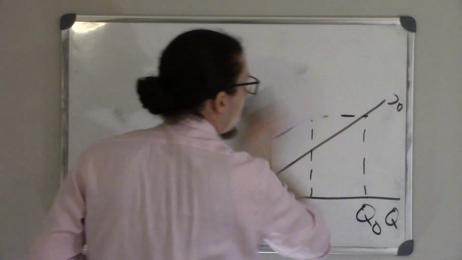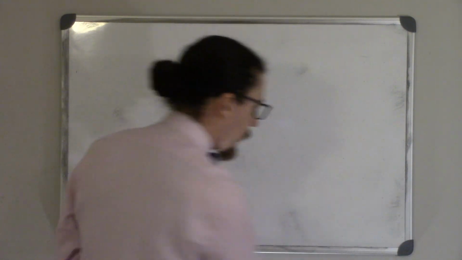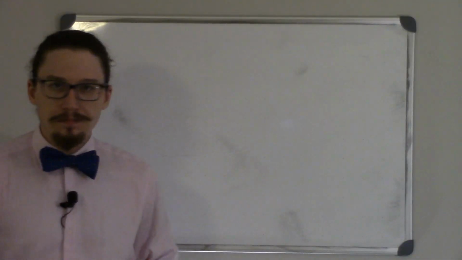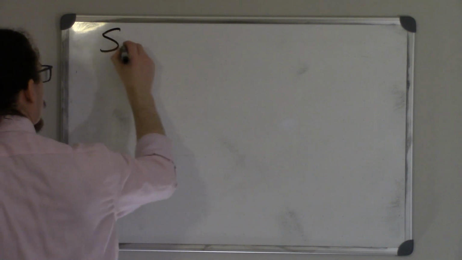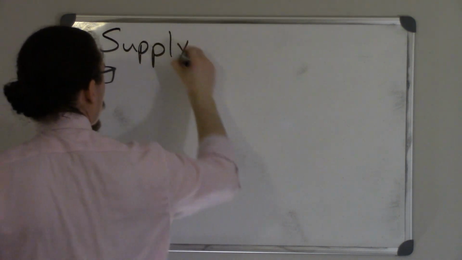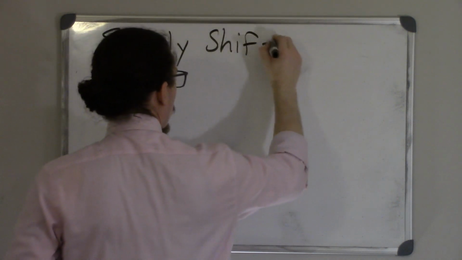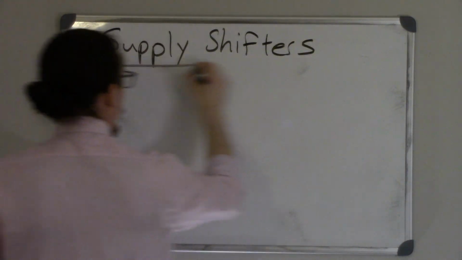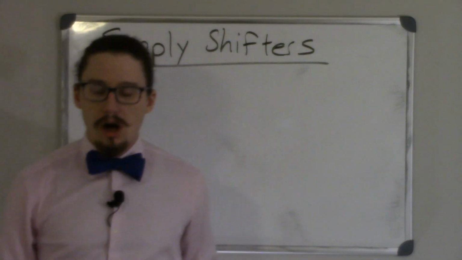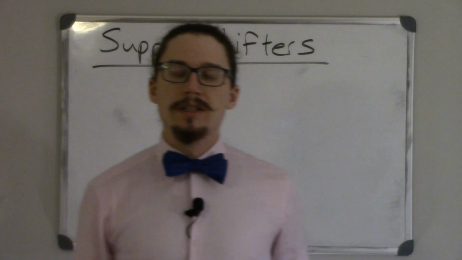That's probably not the last you'll hear from me on that subject, but for now we will move on. The next thing that I want us to look at are supply shifters. These are the things that are actually going to cause changes in supply.